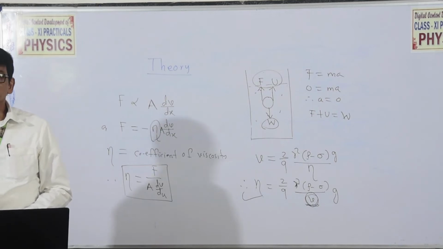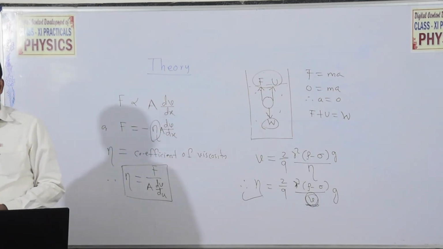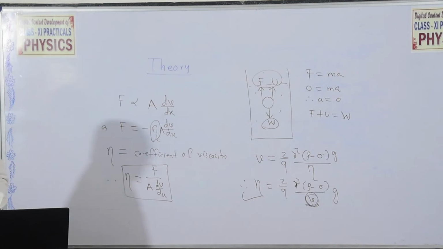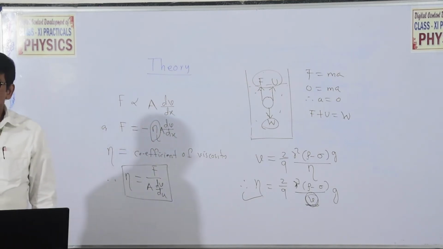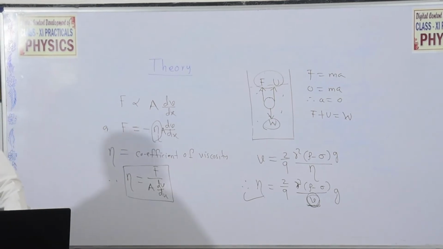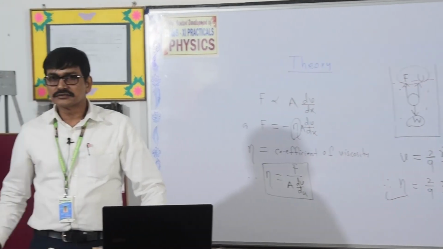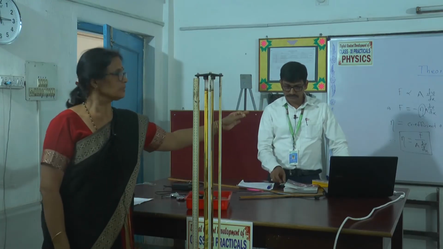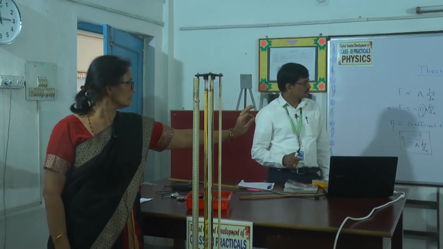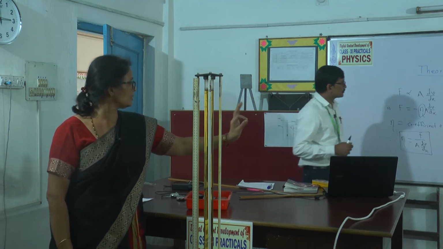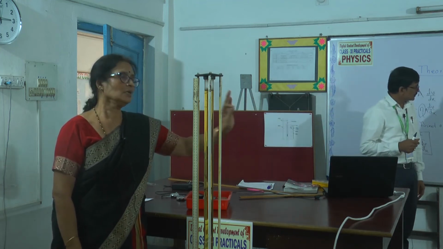Now, using this apparatus, we have to find the coefficient of viscosity. Very simple experiment. Here a column of castor oil is there, and a steel ball is provided. First of all, to calculate the coefficient of viscosity, we find the density of the steel ball.